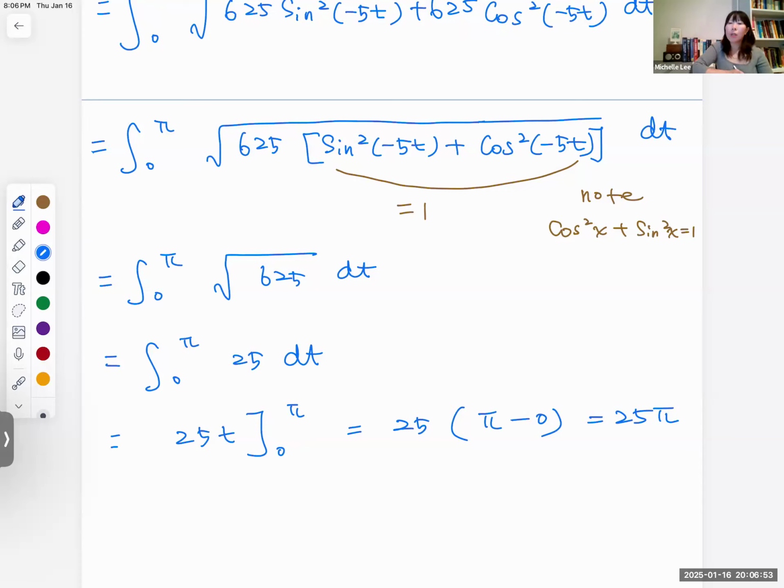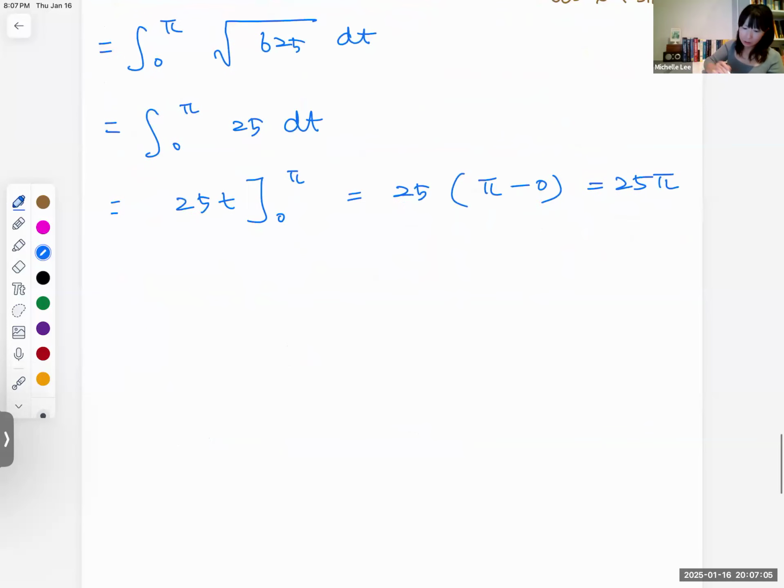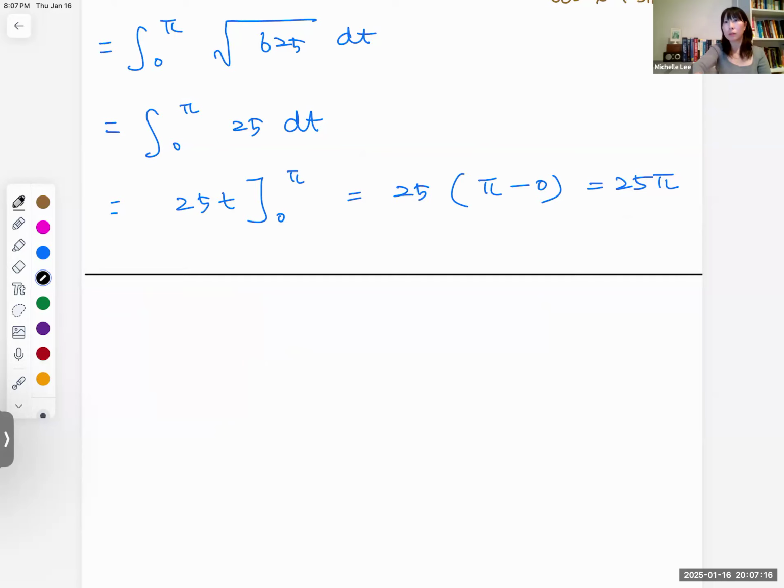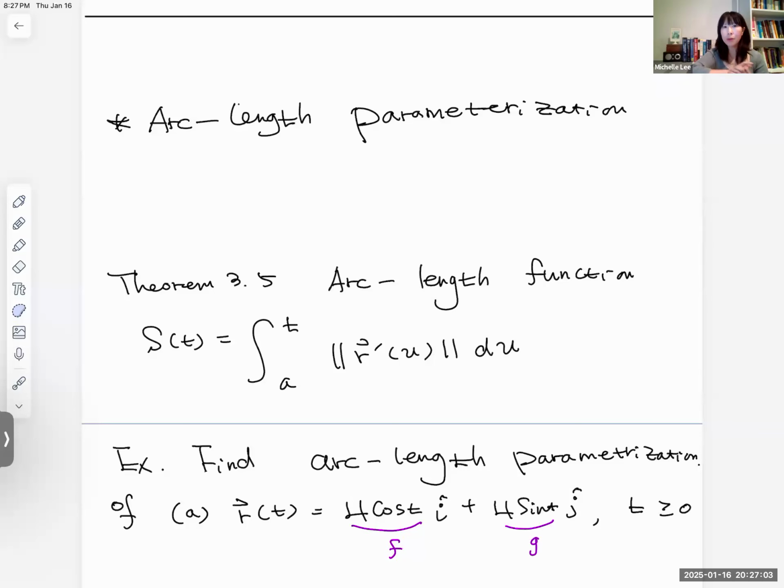Okay, so we have another terminology, which is arc length parameterization. Okay, so let's do it. Basically this means we will have a parameter, right?